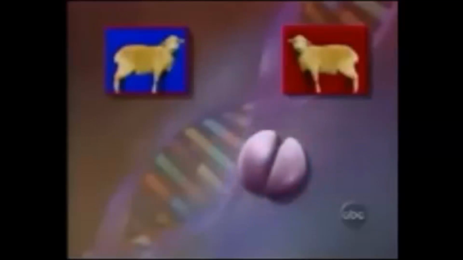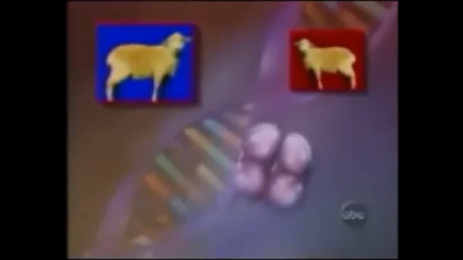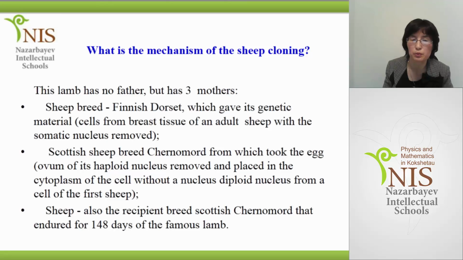The egg and its new nucleus then fused together, turning into an embryo, but with all the genetic characteristics of the first sheep and none of the second. In effect, a carbon copy, an exact duplicate of the first. All that was left was to put this developing embryo into a third sheep, a host sheep, which carried it to term.